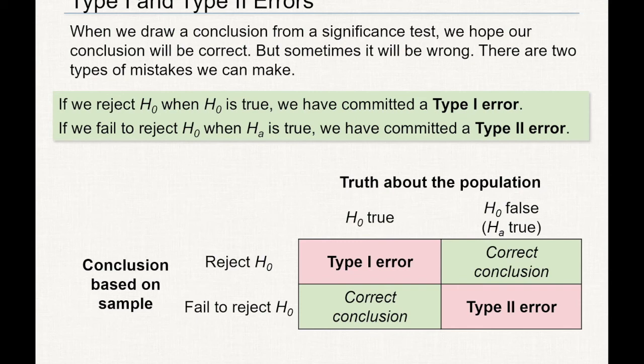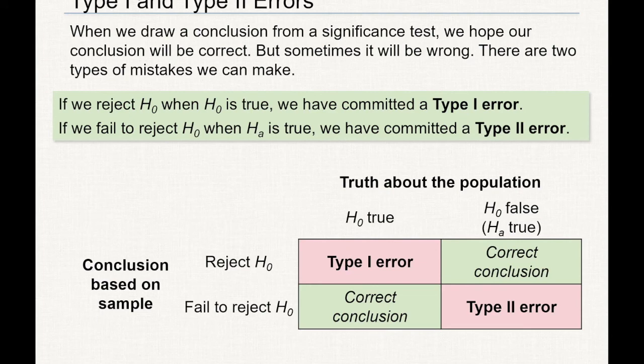And the basic way to read this is the following. We do a sampling. We do a p-value. We reject the null hypothesis based on that p-value, but the null hypothesis ends up being true. We've made a type 1 error. Conversely, if we fail to reject the null hypothesis, but we find out that the null hypothesis is actually false, that's a type 2 error.